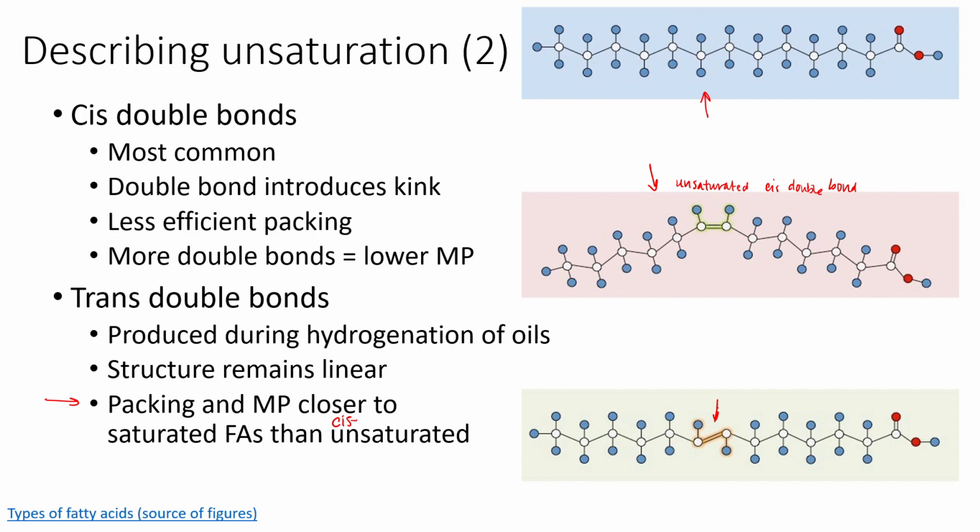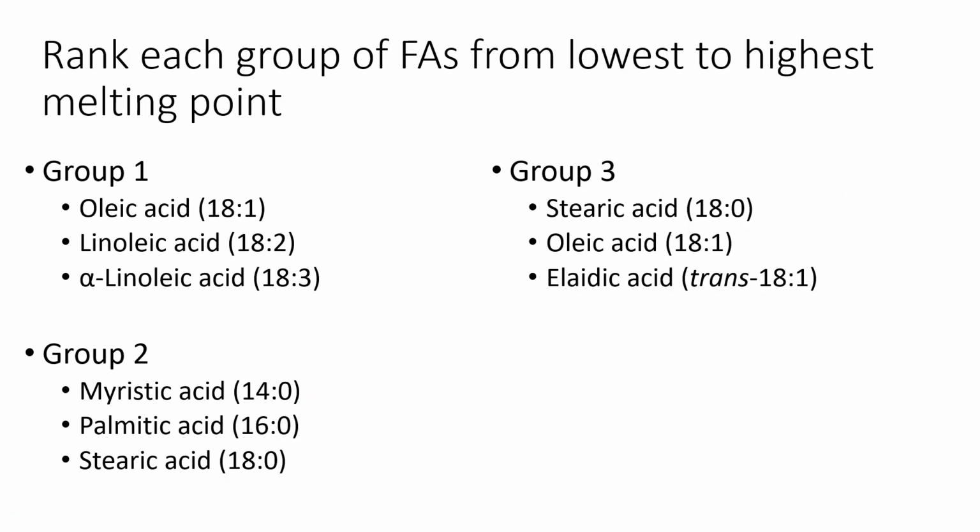All right. So now let's take a moment and think about all that stuff that we just took in about fatty acids and degrees of unsaturation and length of tail. And let's try to rank each of these groups, group 1, 2, and 3, of different fatty acids from lowest to highest melting point. Before you begin this exercise, I just want to let you know that I used a slightly different naming convention here when labeling these 3 groups.